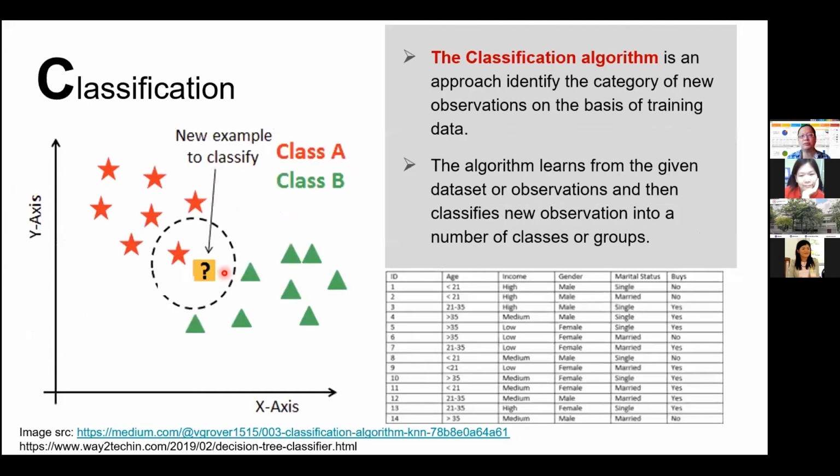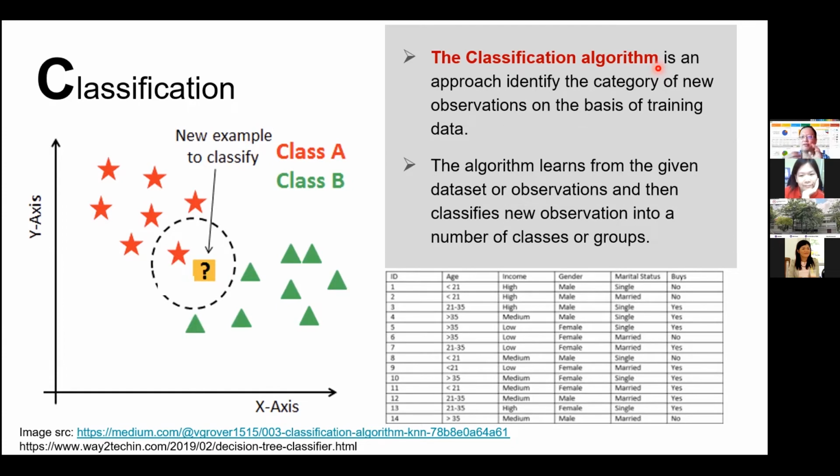The next algorithm used in the data science discipline is the classification problem. These classification algorithms try to separate or predict data into different classes.